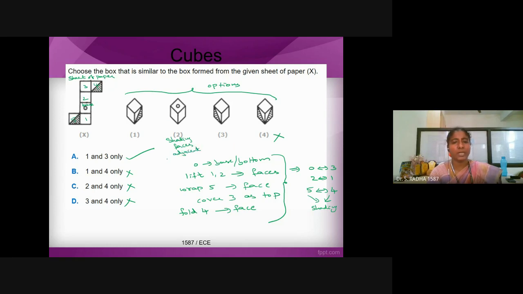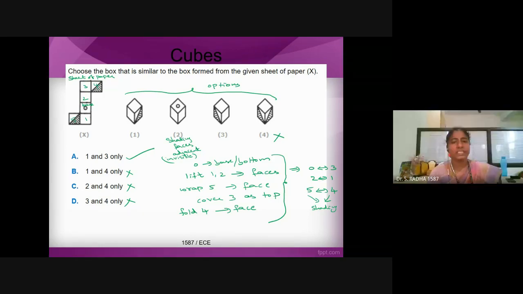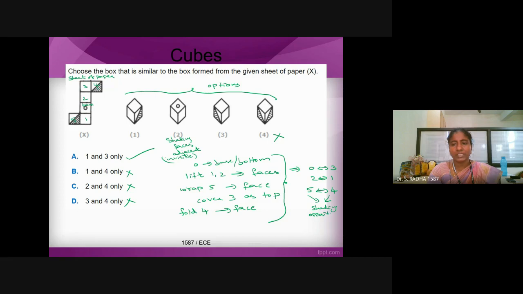In the invisible faces, shadings are present adjacent, whether it is the bottom and one face, or two invisible faces, they become adjacent only. But only opposite faces should have shading. 4 and 5 are opposite faces having shading. So the possible answers are 1 and 3 only.